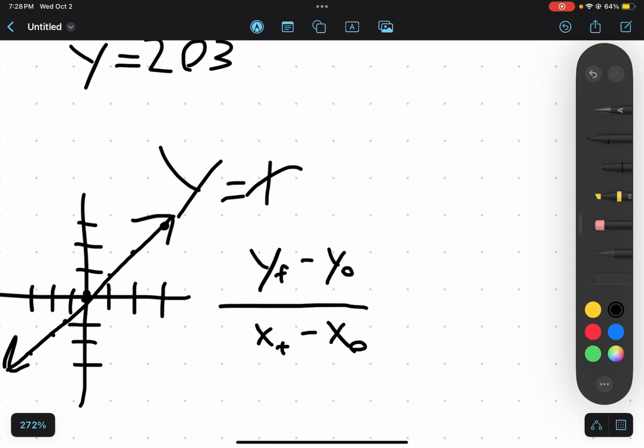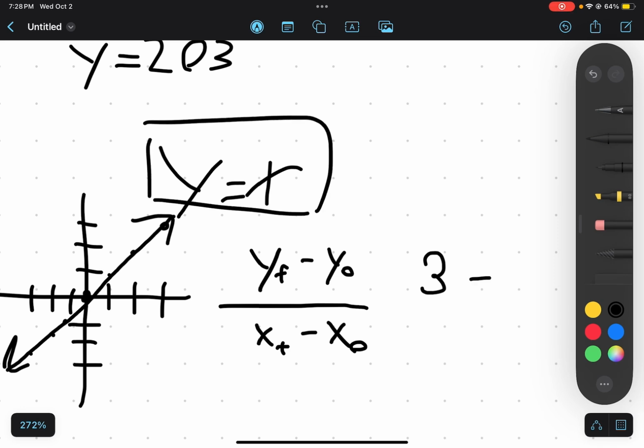So let's get the final points being 3, 3. Let's try that, since that is the highest value we have. So y final would be 3. And let's set the initial value as 2. So x equals 2 is 2, 2, stated by this function, y equals x.